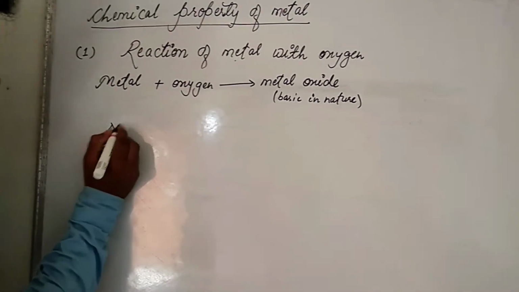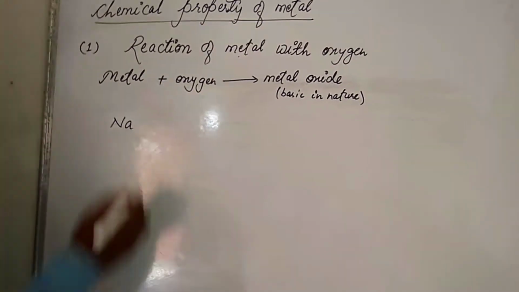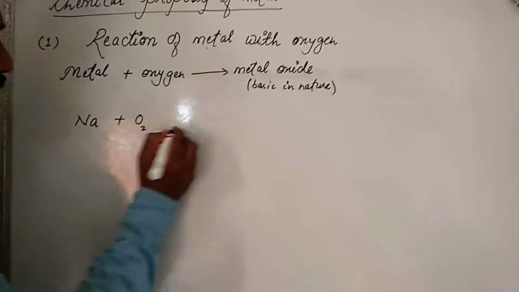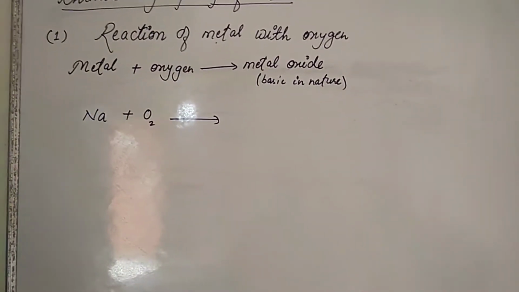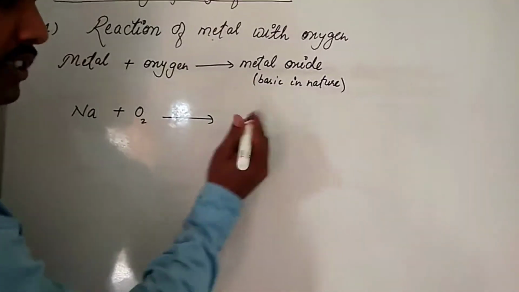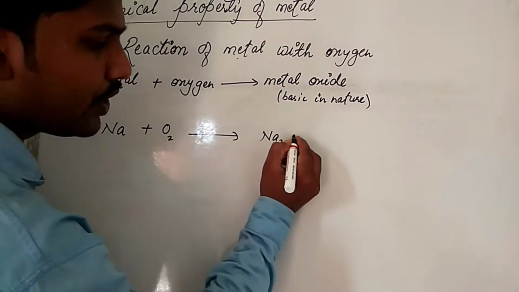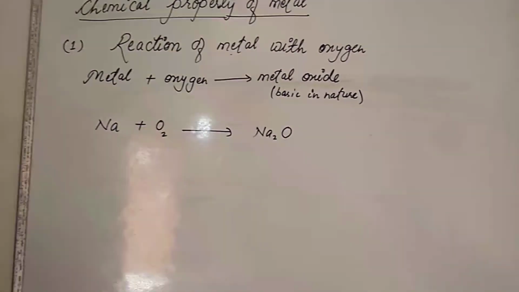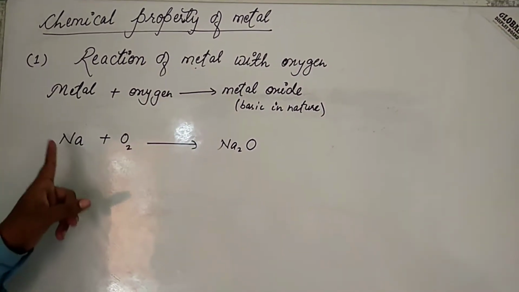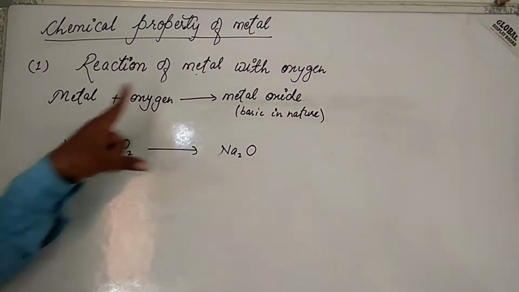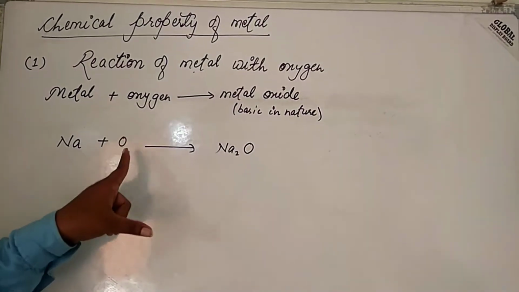Suppose sodium metal reacts with oxygen, or burns in oxygen, children. So it forms metal oxide, that is sodium oxide. Now please pay attention. I will tell you how this metal forms the product when it reacts with oxygen.